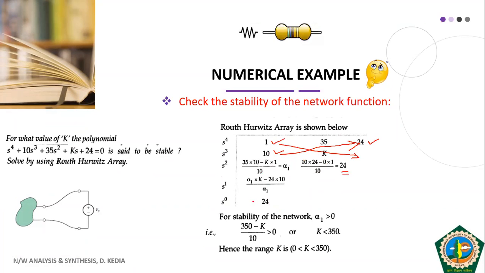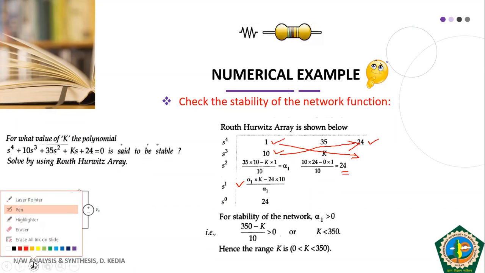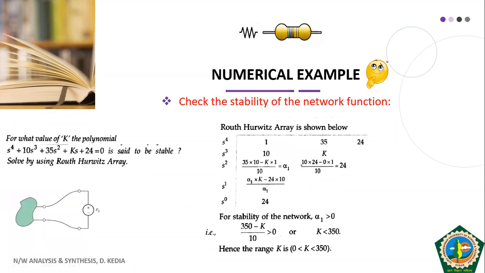Now we have to calculate this. For this, we have to use the coefficients in the above two rows. In order to obtain this, we multiply alpha 1 with k. So this is alpha 1 k minus 10 into 24, that is 240.